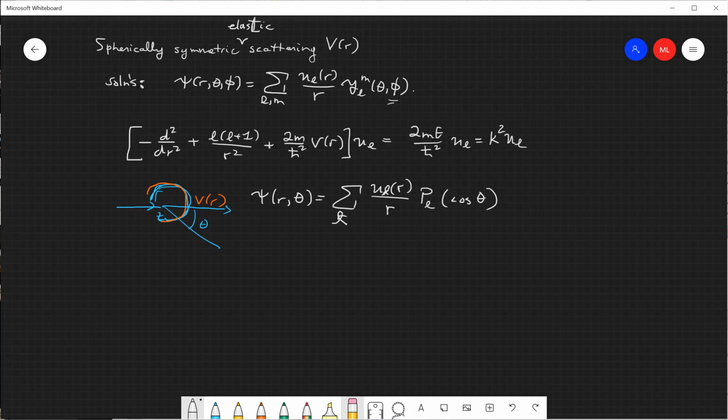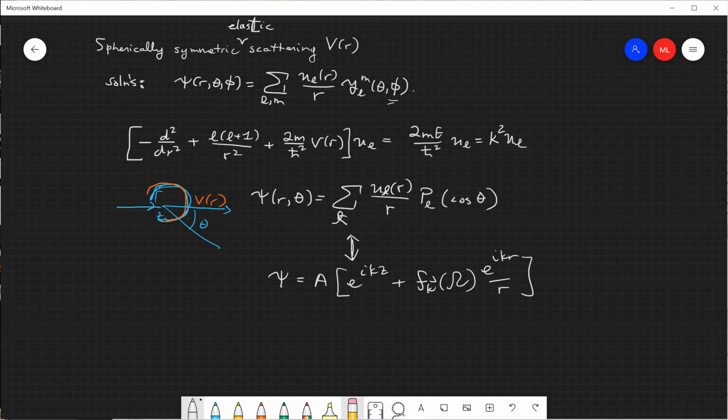So now what we're going to do is try to connect the solution to that general form that I told you about just before I erased the screen. I told you that far enough away, we should get that psi is equal to some amplitude, e to the i kz plus some angular dependent function, e to the i kr over r.